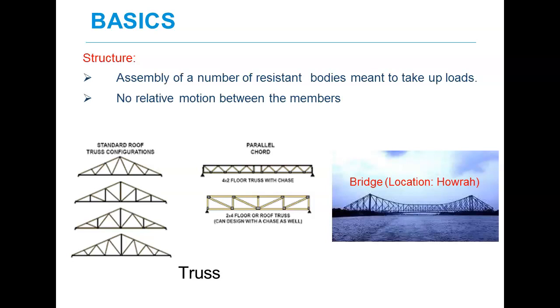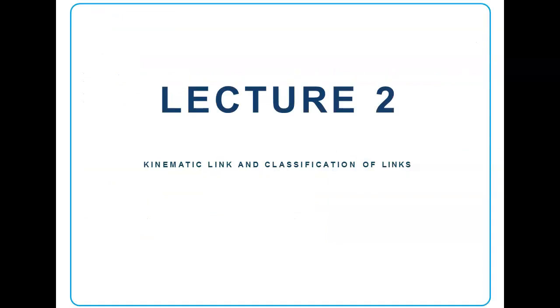It has been made totally of metal structure, and it transfers the load and is able to withstand the gravity force as well as the weight of the components traveling over the bridge. So in this way we are going to analyze this one by one. Here the structure is an assembly of a number of resistant bodies, which means it doesn't have any motion to take up the loads and there is no relative motion. That is what is meant by a structure.